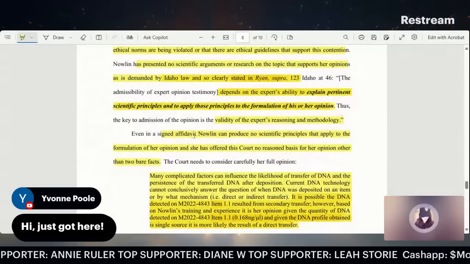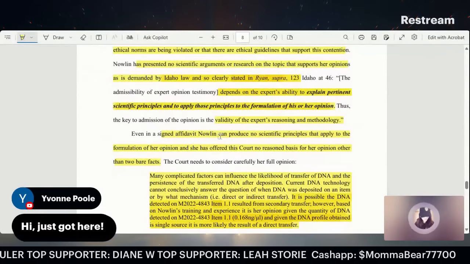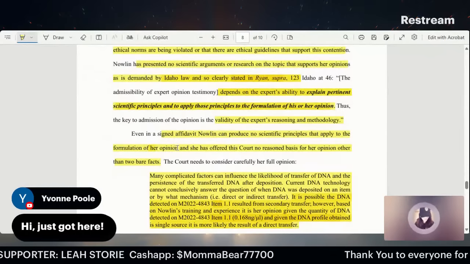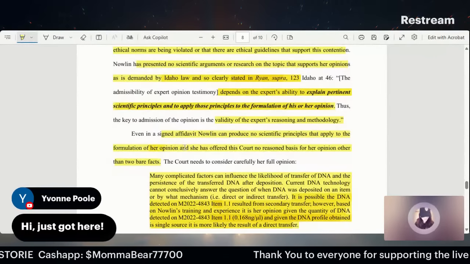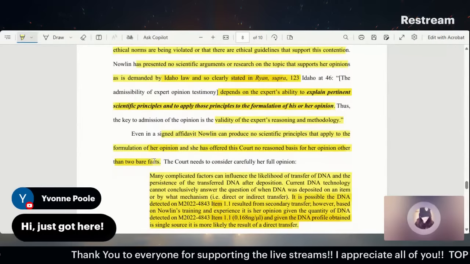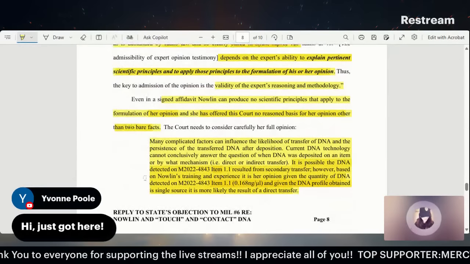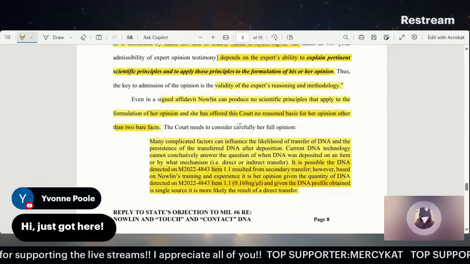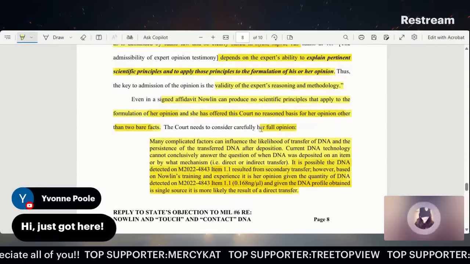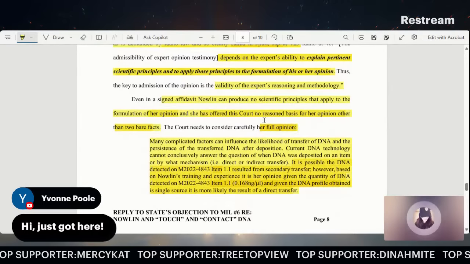Even in a signed affidavit, Nowlin can produce no scientific principles that apply to the formulation of her opinion, and she has offered this court no reasoned basis for her opinion other than two bare facts. The court needs to consider carefully her full opinion. This is her full opinion.